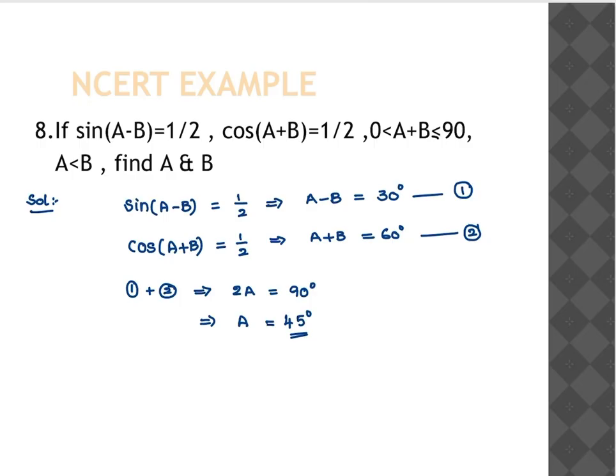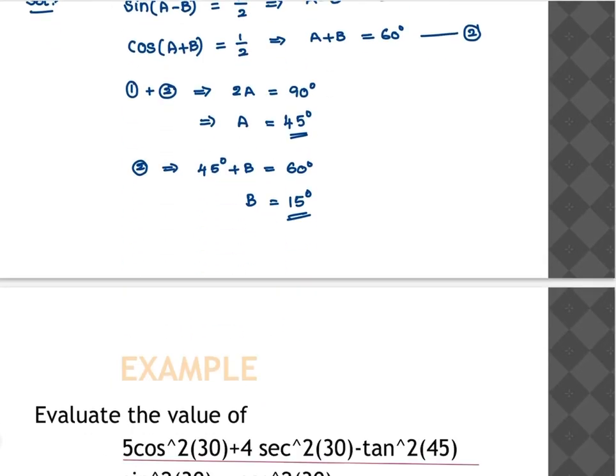From equation 1 or equation 2, suppose I take equation 2: a plus b is 60, meaning 45 degrees plus b is equal to 60 degrees. So b is equal to 15 degrees. Like this we can find it. So the angles are: a is 45 degrees and b is 15 degrees. Hope you understood this. Then we move to the next example.